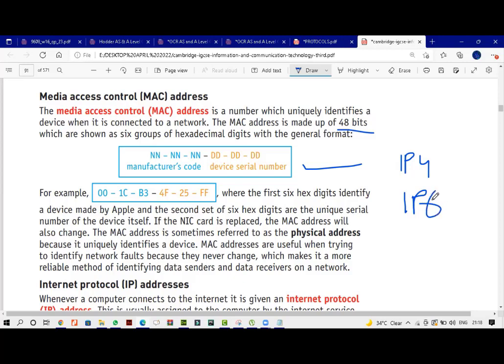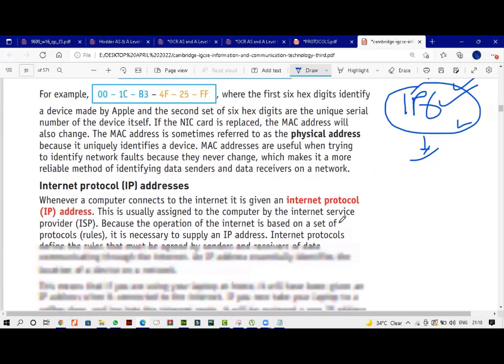The reason IPv6 came in was that IPv4 was limited to about 6 billion devices, and IPv6 is now limited to trillions of devices. It's a hexadecimal address that can hold trillions of devices. IPv4 was very limited, so because of converting to hexadecimal, lots of devices have been added to it.